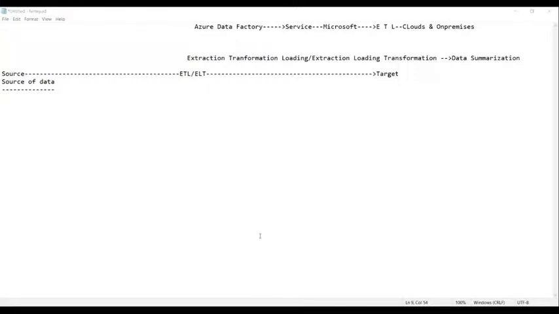Files. Yes, exactly. Databases. Flat file, text file, video. Yes. So files, and then we can have databases. Live streaming data. Very good.